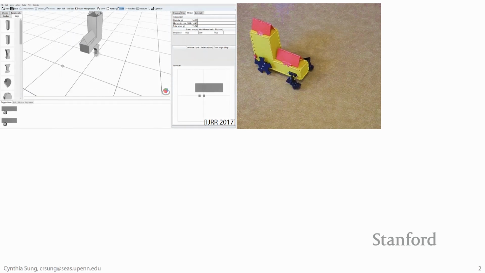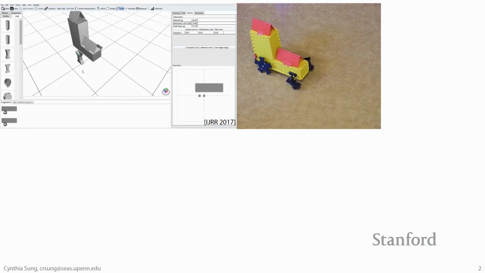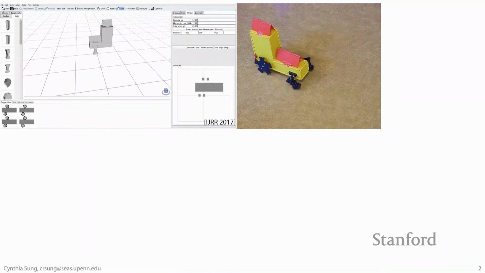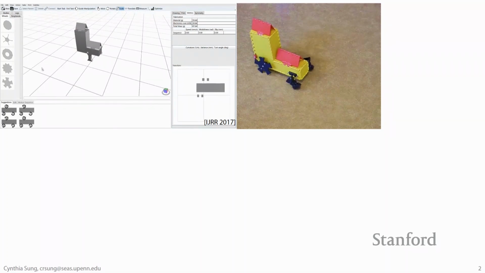So in that case, what we can do is we can build these systems that allow you to compose different types of robot geometries with different types of kinematics, and to simulate how they are able to locomote forward on a flat plane.